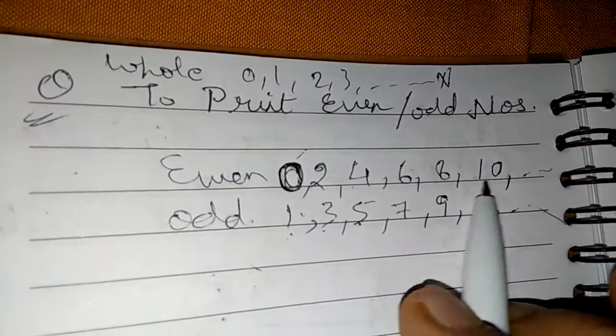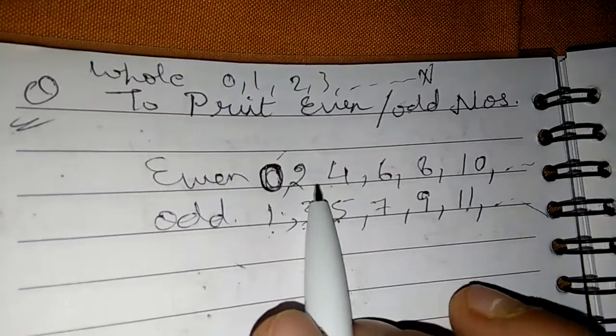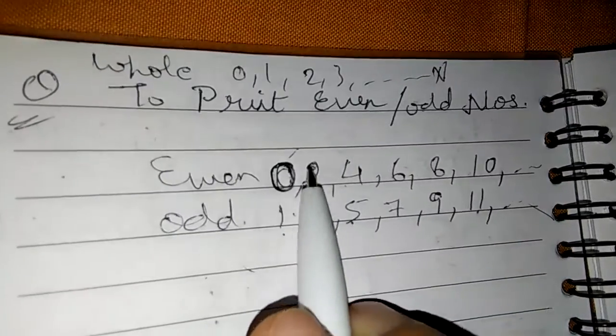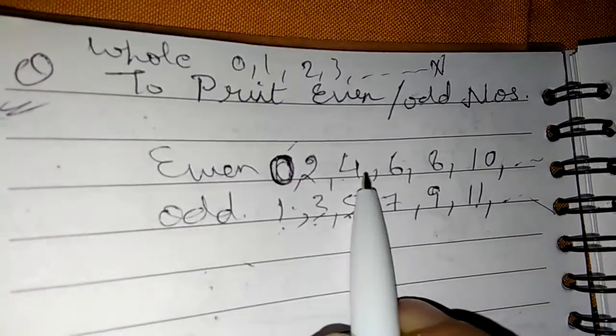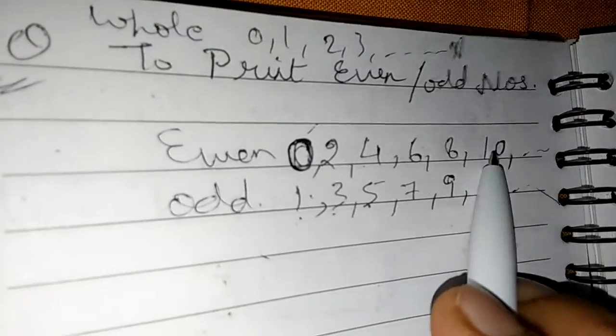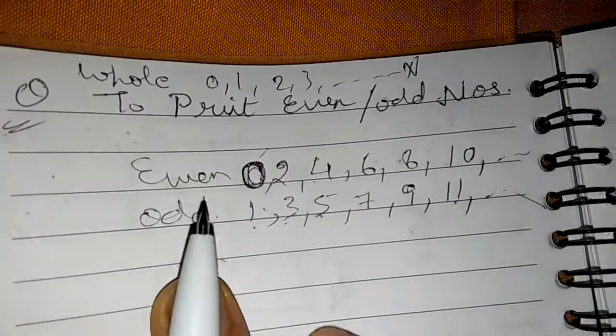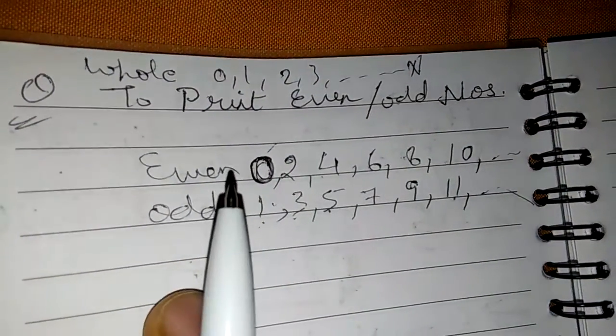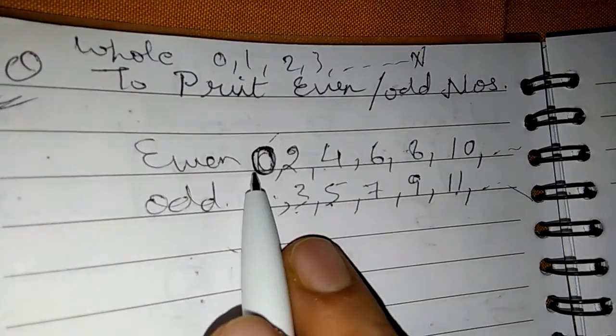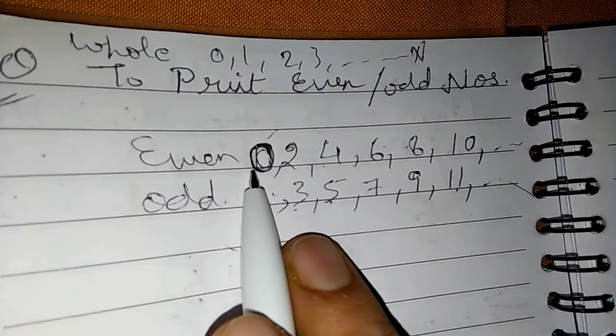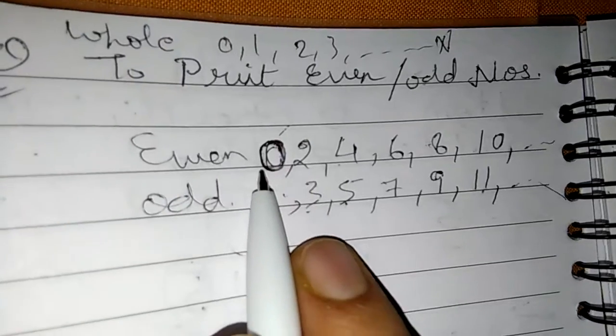Now you can easily see even numbers are multiples of 2. 2 ones are 2, 2 twos are 4, 2 threes are 6, 2 fours are 8, 2 fives are 10 and so on. It means if it is a multiple of 2, then it is an even number.